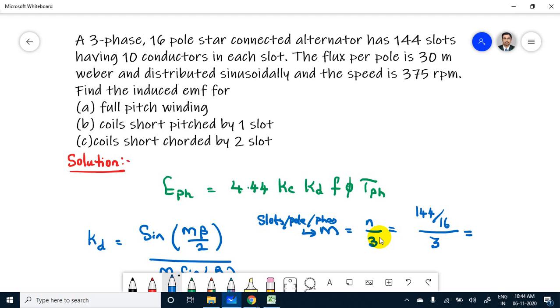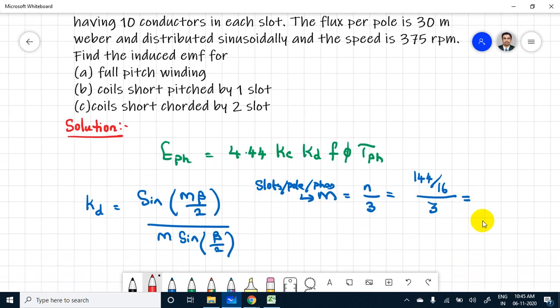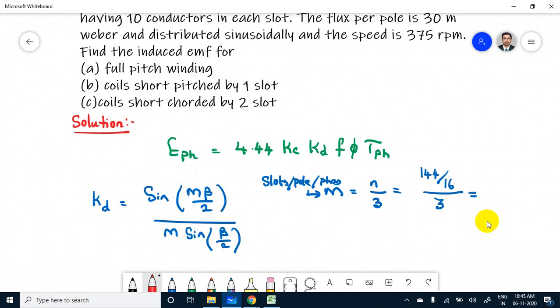So what is the answer? M, anyone tell me how much m? M value how much? Three, sir. So therefore m equal to 3.